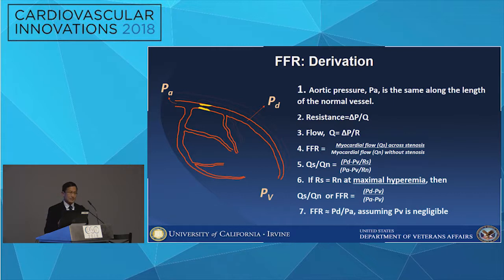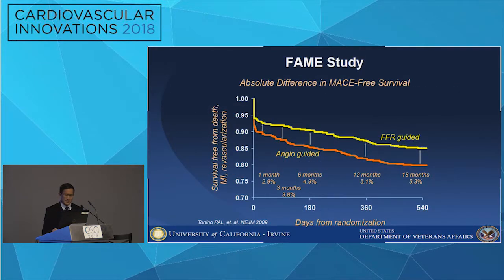And so if RS equals RN at maximal hyperemia, then FFR, or QS over QN, could be approximated as PD over PA. So in other words, FFR relies on hyperemia to work mathematically. And so that's why there's a lot of resistance from the FFR community when iFR and other indices were developed.